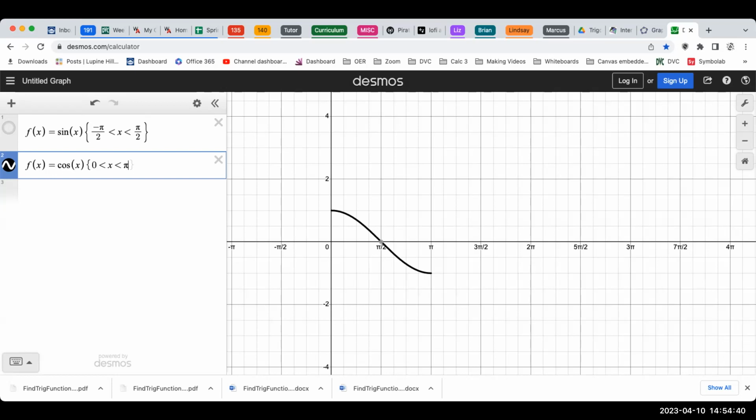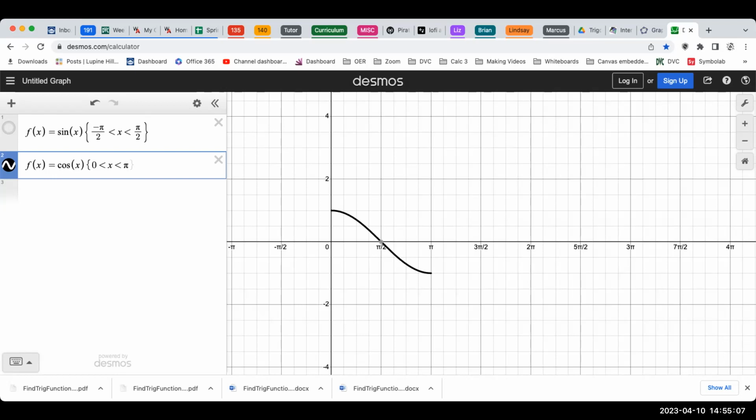So we're going to have y equals sine of x, but only on the interval. I'm using interval notation now. From negative pi over 2 to pi over 2. And by doing that, now I'm going to be able to have my graph only here, here, and here.